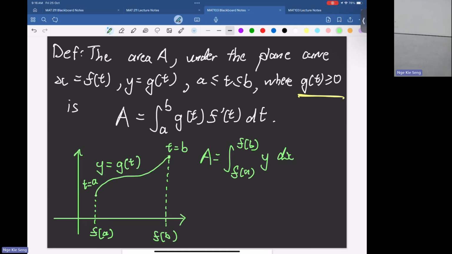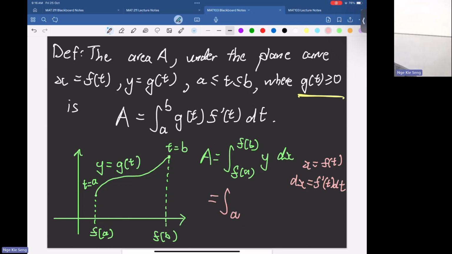I think you also learned this. Integration by substitution. Good. We substitute x equals f(t), and then dx is f'(t) dt.